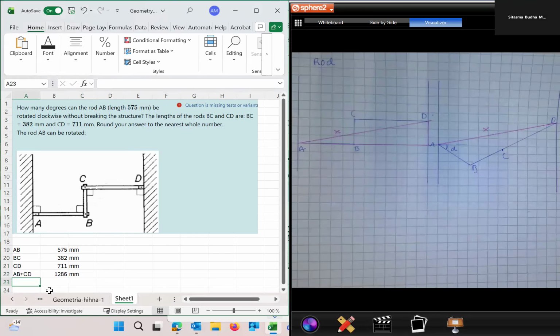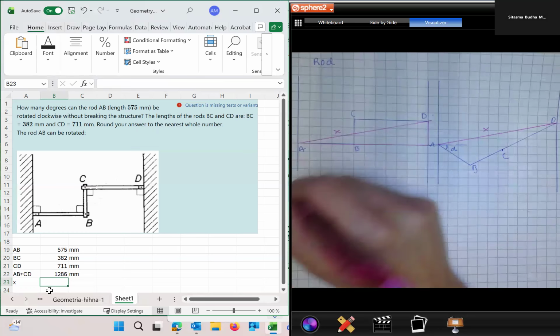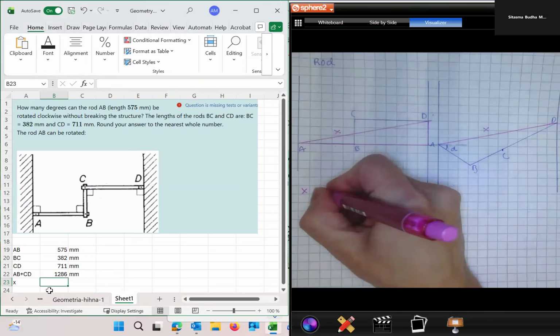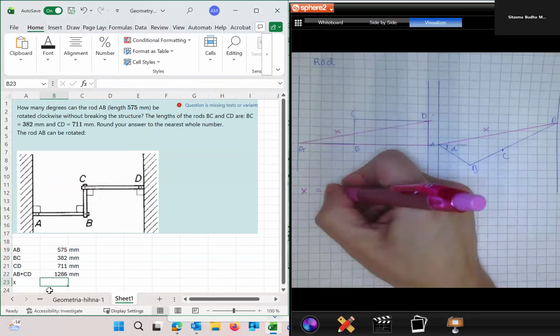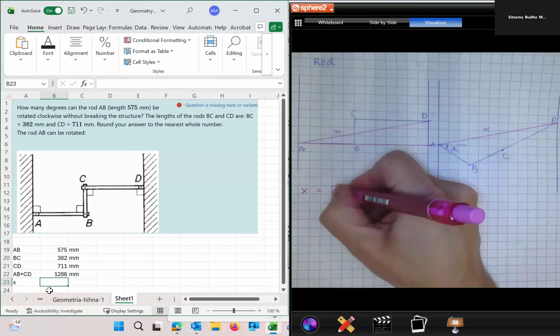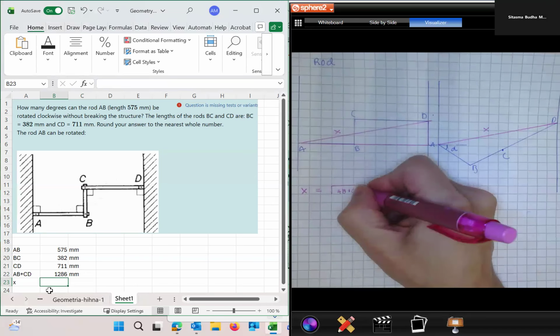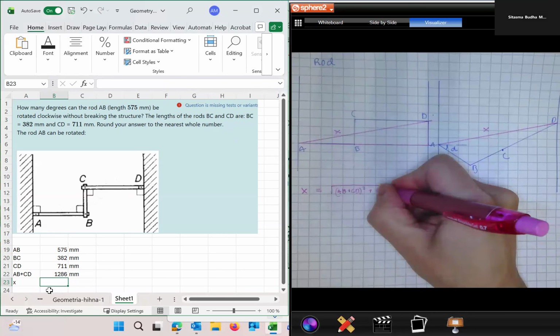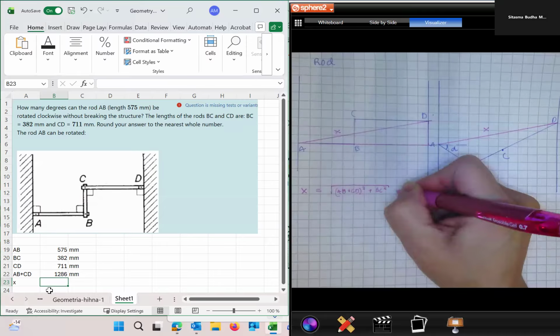So then I would know X. If I write it here first, X would be the square root of AB plus CD squared, plus BC squared.